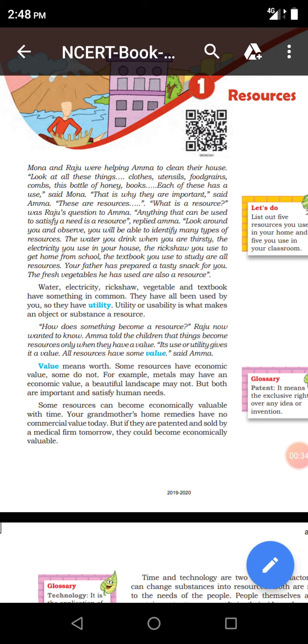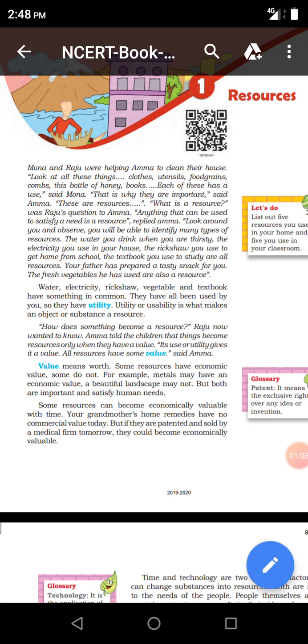Most of the things, just like water, rickshaw, fan, cycle, utensils, vegetables, textbooks, and most of the electronic gadgets which we use to fulfill our needs.